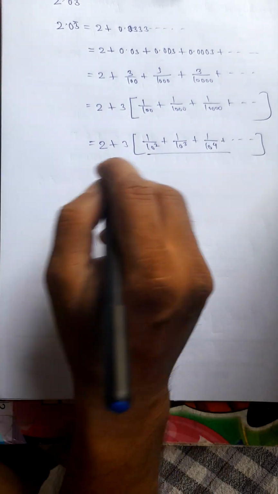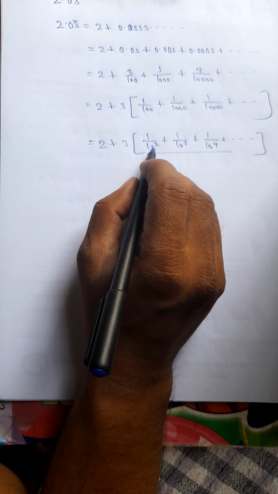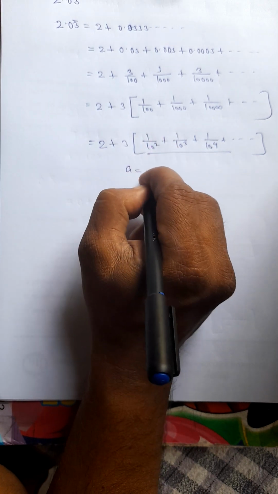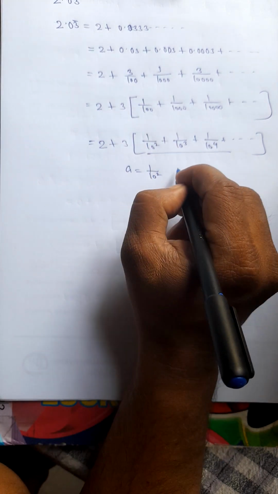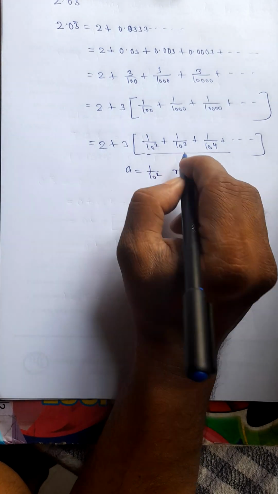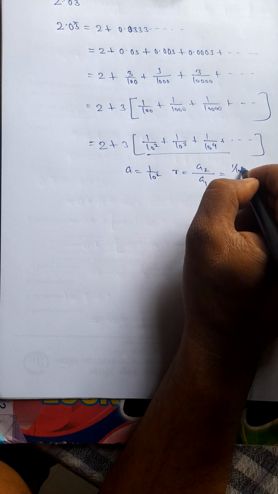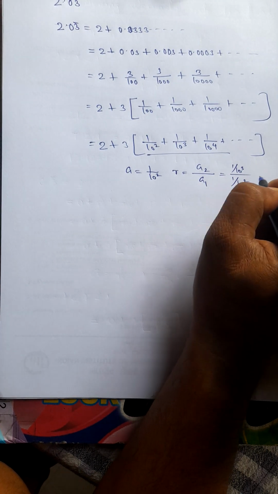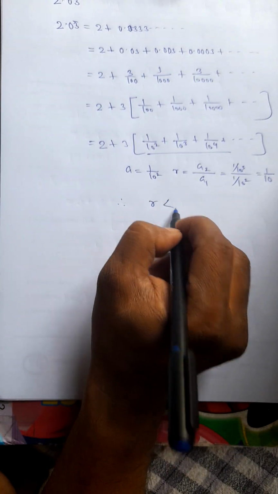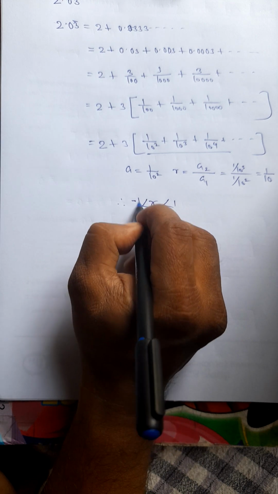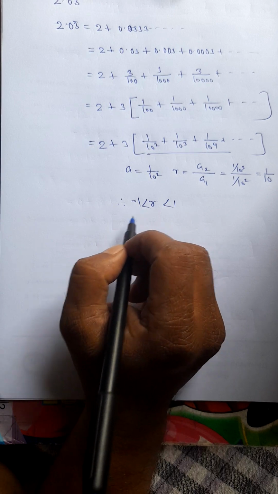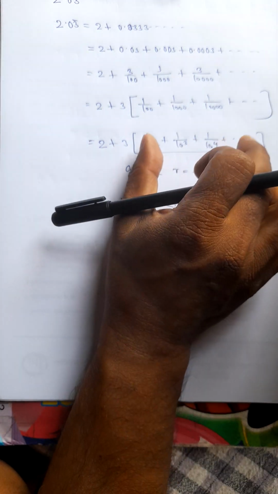Now this series is a GP series. Here you see, if you treat this as a first term, if a equal to suppose 1 by 10 to the power 2, what is r here? r here means a2 divided by a1, second term divided by first term, 1 by 10 to the power 3 divided by 1 by 10 to the power 2. So answer is 1 by 10. Therefore r lies in between 1 and minus 1. Common ratio is a fraction, it is less than 1, greater than minus 1. So it's an infinite GP series.